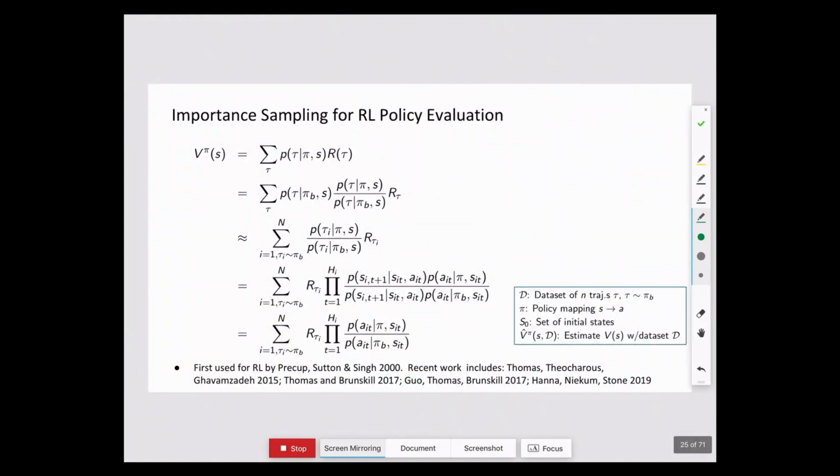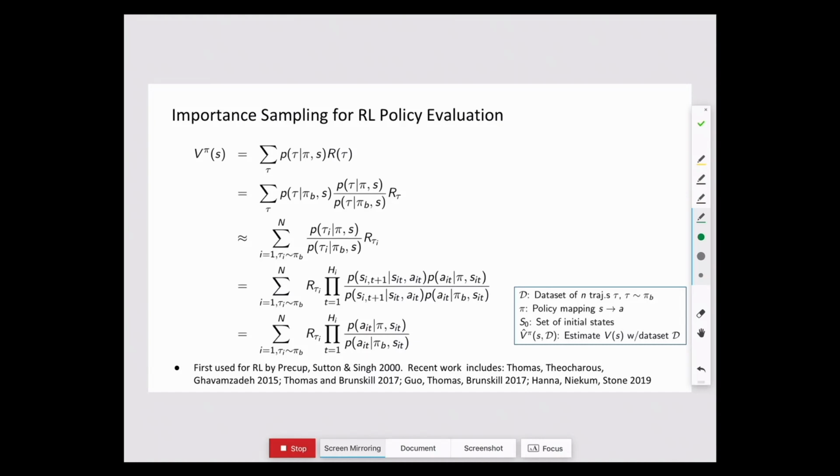Okay, so I don't recall exactly when the statisticians came up with importance sampling, but from the reinforcement learning perspective, it was around 2000 where people started talking about this, particularly for off-policy evaluation. And then there's been a lot of follow-up interest by our group in particular, but also a lot of great work by Scott Niekum and Peter Stone and a number of others.